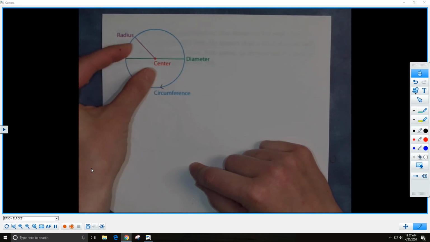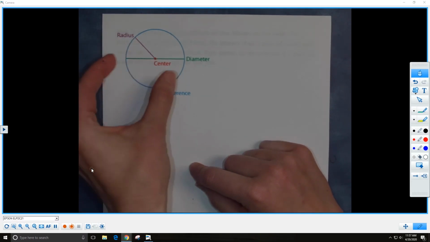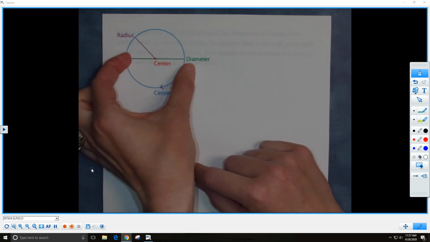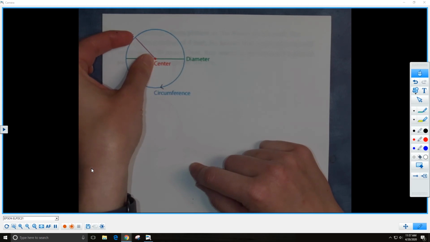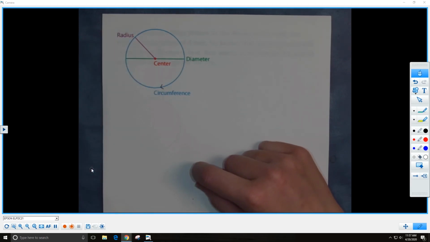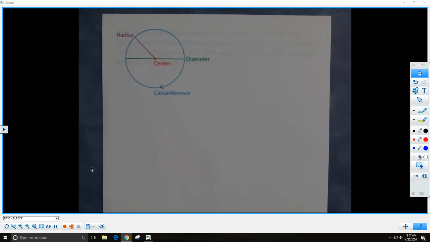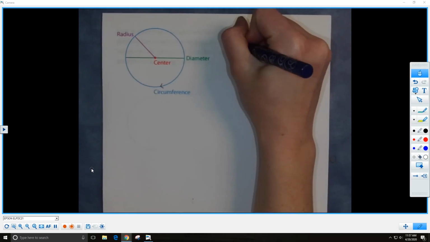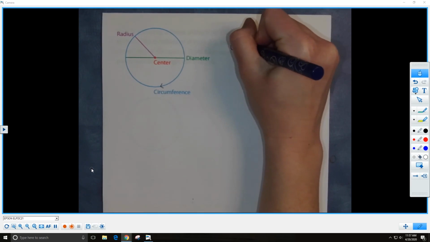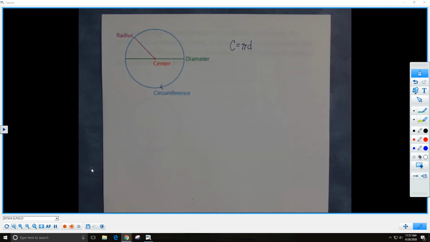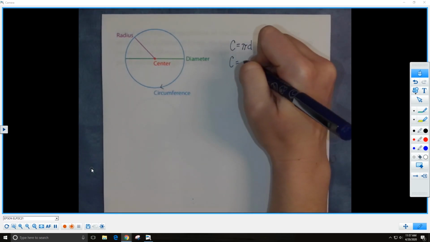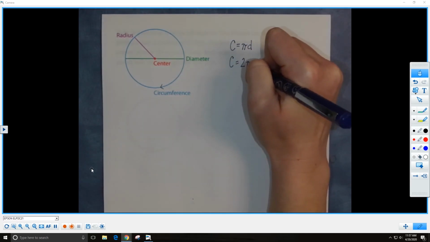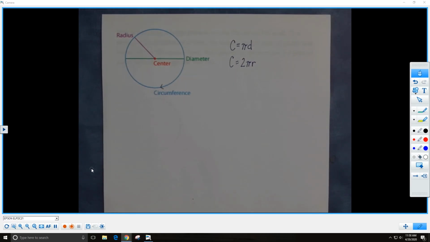Also remember that the radius is half of the diameter, or that one diameter is equal to 2 radii. We also have two formulas that we can use to find the circumference. The first formula is C equals pi d, where d is the diameter. The other one is C equals 2 pi r, where r is the radius.